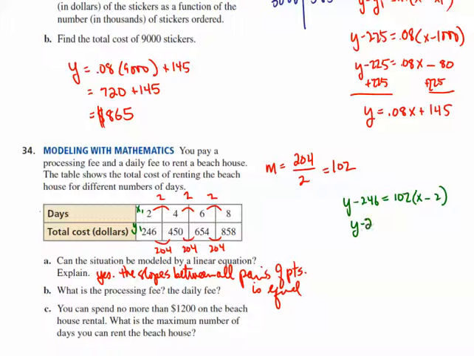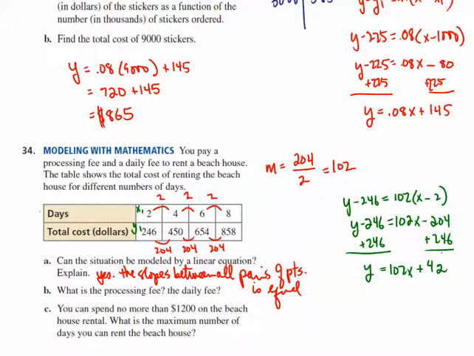Multiplying out, y minus 246 is 102x minus 204. Adding 246, adding 246, we end up with y is equal to 102x plus 42.